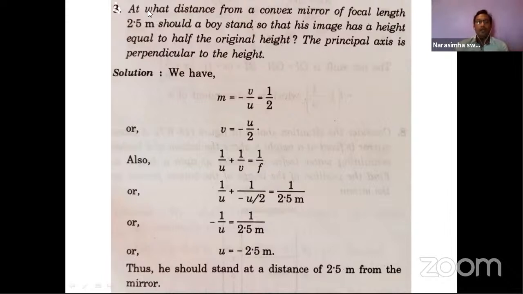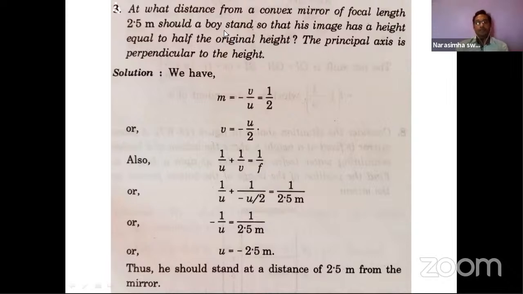I'm repeating, at what distance the boy should stand in front of the convex mirror so that his image has a height equal to half of the original height.